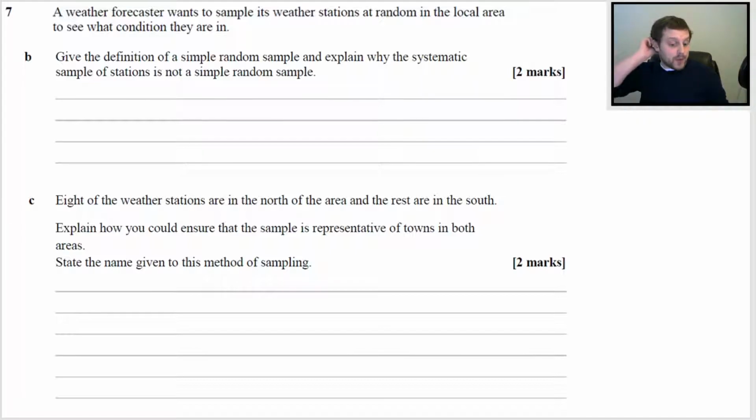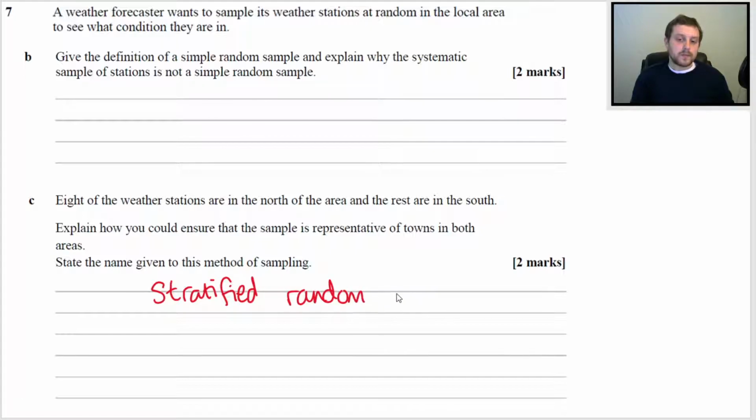Right, okay, now this last one, when you are representing things, let me just make sure I'm reading this correctly. How can we ensure the sample is representative of towns in both areas? So we use what's called stratified random sampling. It tells you 8 of the weather stations are in the north, the rest are in the south.